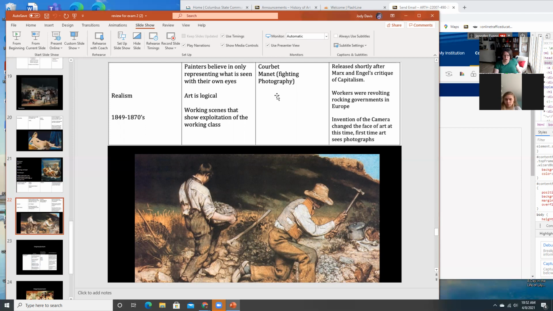Art tends to be more logical. We see working scenes that show exploitation of the working class. It is highly rejected in the French salon because of that. No longer can the French say, this doesn't happen in my country. They're looking at it head on, saying, we don't want you to know that this happens in our country.